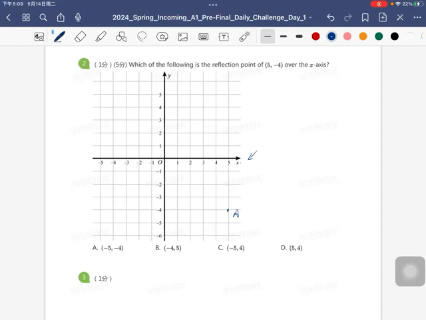So this is the line of symmetry, and to perform a reflection, we evaluate the distance from the point to the line of symmetry, which is 4. And then we extend it the same distance further to the opposite side of this line of symmetry, and this A prime, which is (5, -4), is going to be our point of reflection.